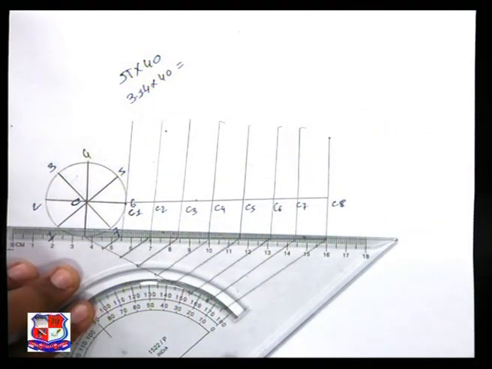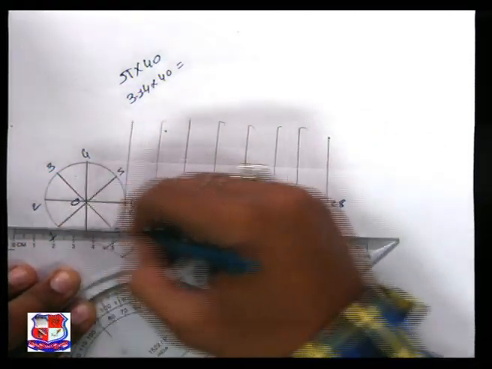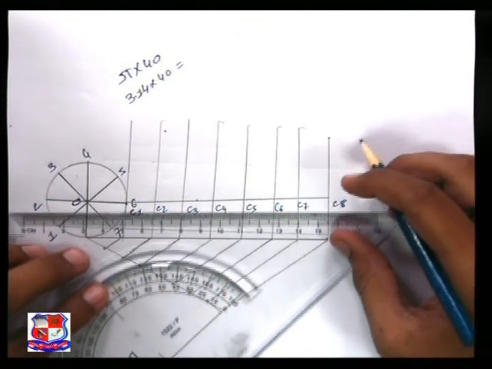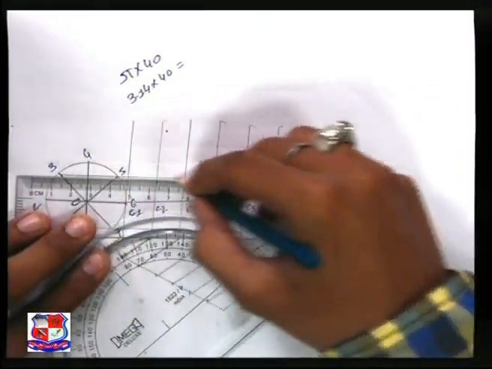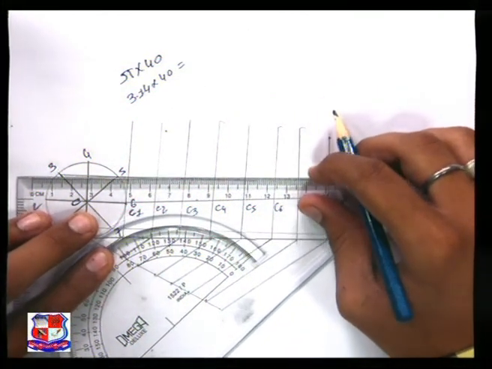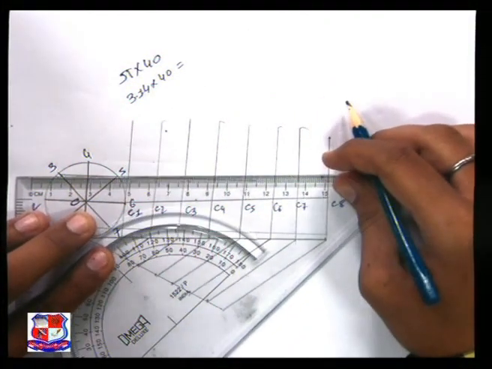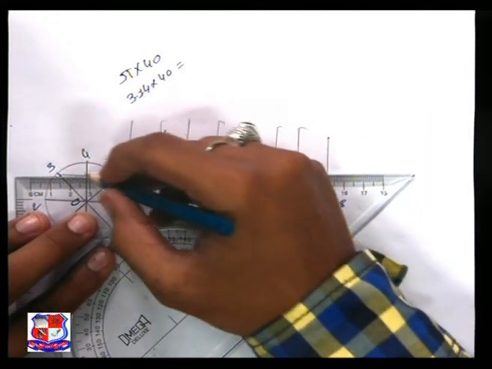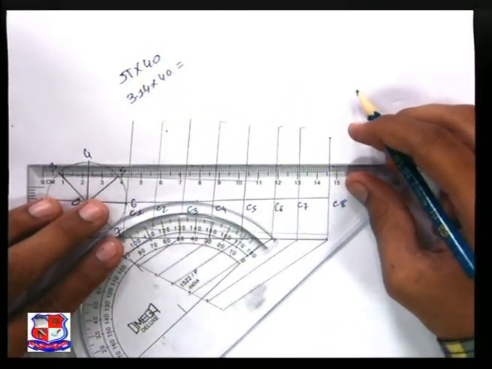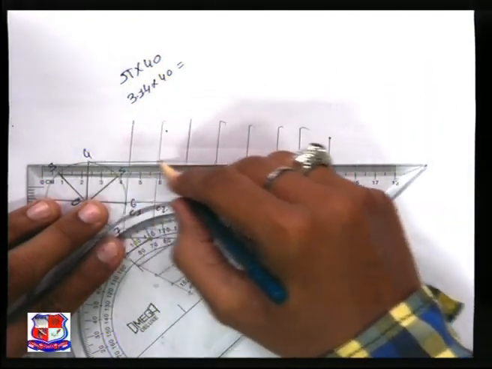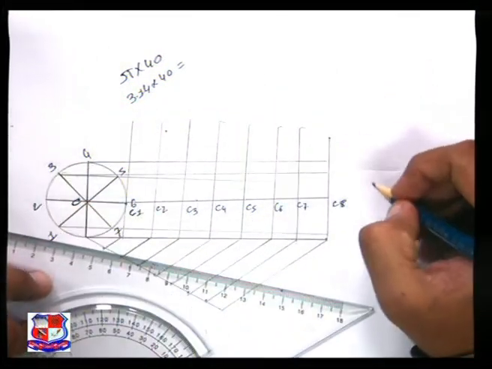Draw the lines passing through all the points one by one till the pi D line, like this, and like this.